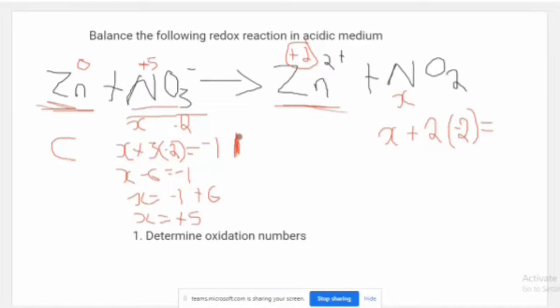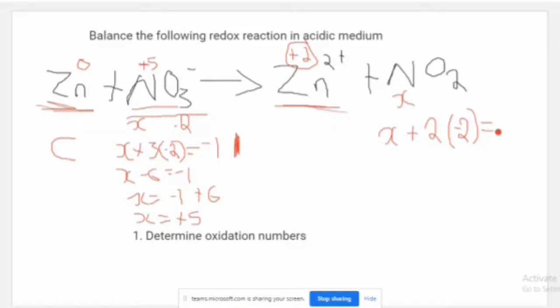This was X plus 3 times -2, and this is equal to -1. What about this one? What number are we going to put here after the equal sign?